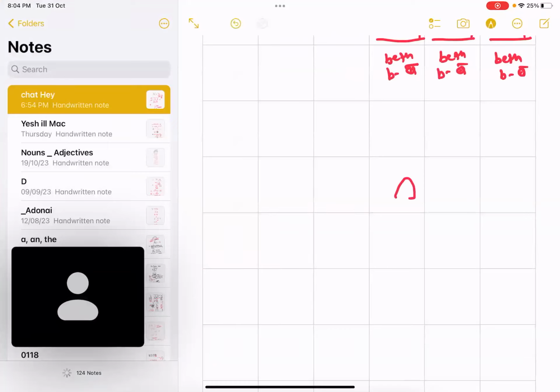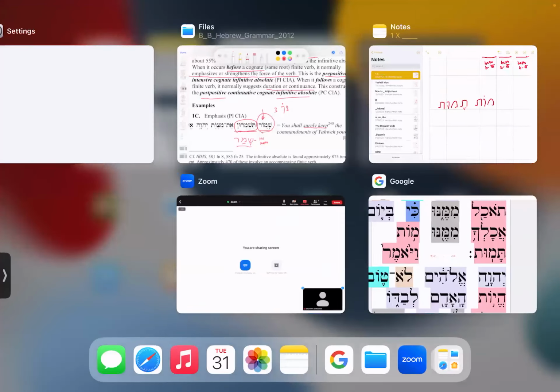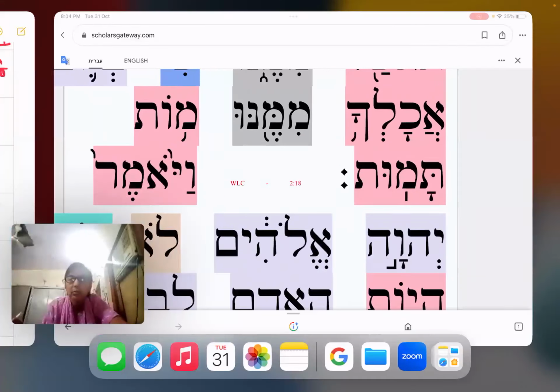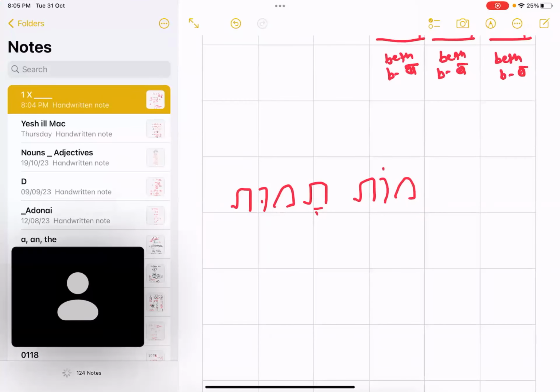See here, mot. Okay. The next word is tamut. Tamut. Mot, and tamut. This is one example of PI, pre-positive intensive cognate infinitive absolute.